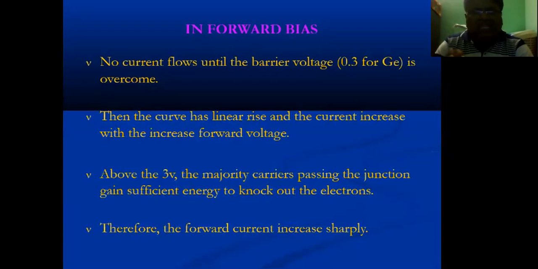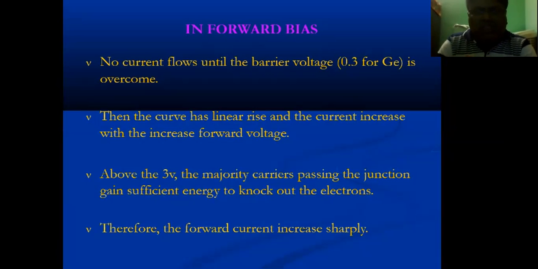Then the curve has a linear rise and the current increases with increasing forward bias. Up to 0.3 volts there is zero current. Whenever the voltage reaches 0.3 volts, the current increases. So as you increase the voltage, the current also increases.